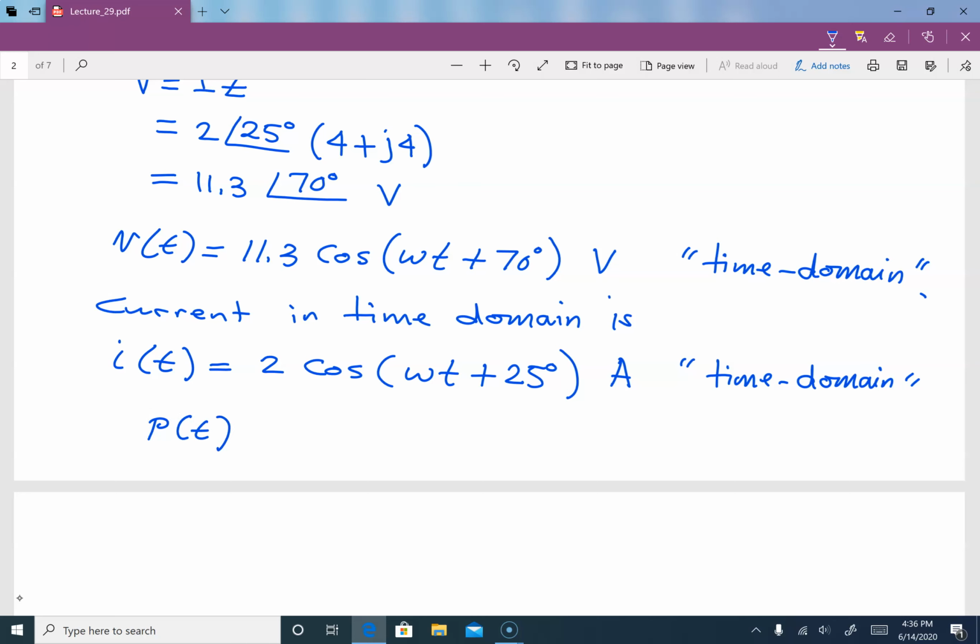So now to get our instantaneous power, we should have both in time domain. So the V is in time domain and the I is in time domain. So that will be v(t) times i(t).